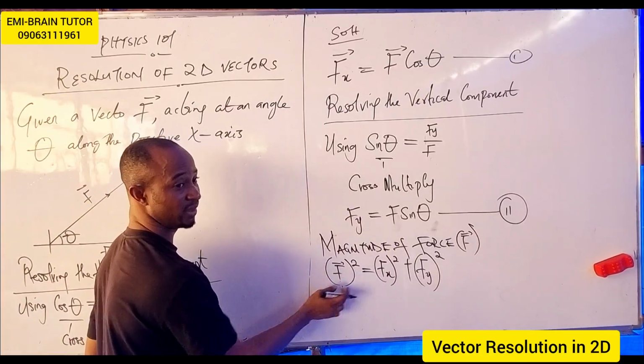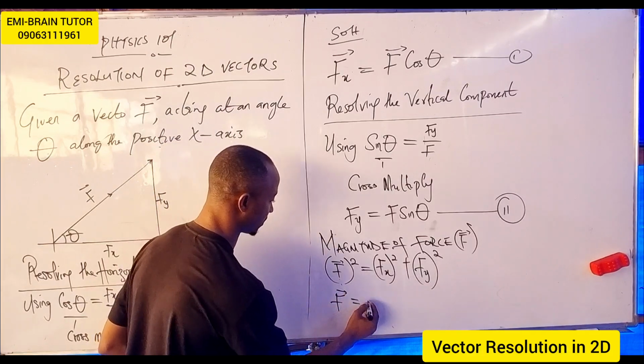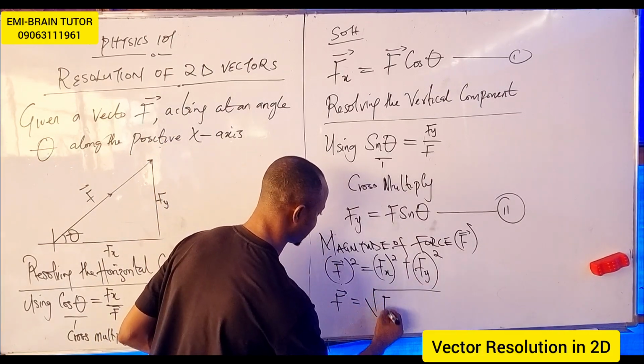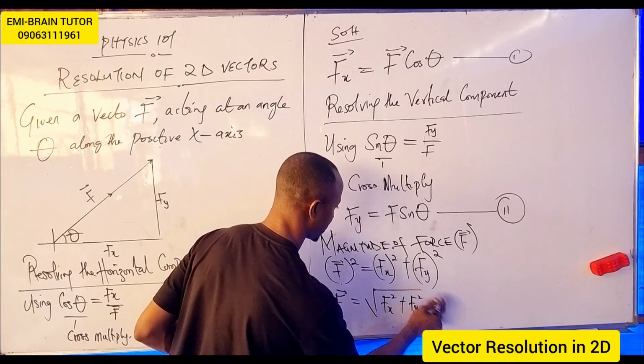To find F, we take the root of both sides. F equals the square root of Fx squared plus Fy squared.